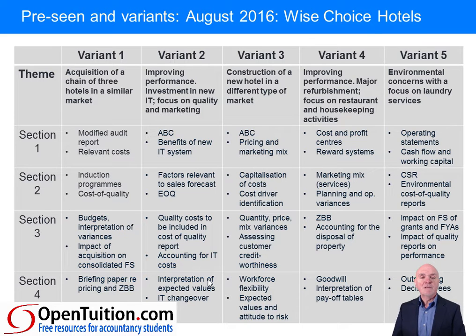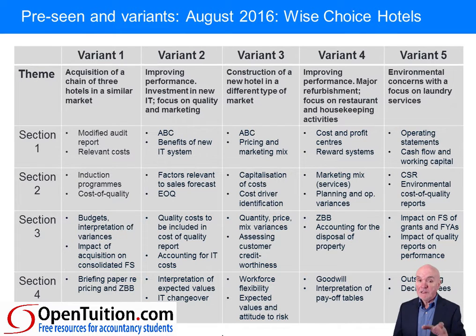Variant 1 was the acquisition of a chain of 3 hotels. Variant 2, improving performance, a bit about IT in it and so on. Variant 3 was construction of a new hotel and all the problems that might be associated with that, and so on. And then under that are very brief synopses of what was in each section of each variant.